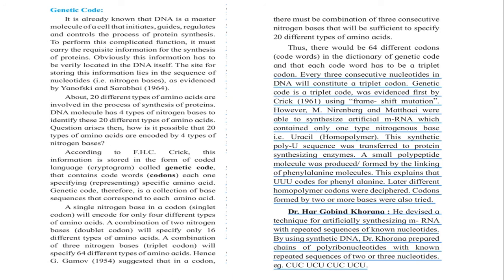That the genetic code is a triplet codon was evidenced first by Crick in 1961 using frameshift mutation. However, M. Nirenberg and Matthaei were able to synthesize artificial messenger RNA which contained only one type of nitrogenous base, that is uracil.